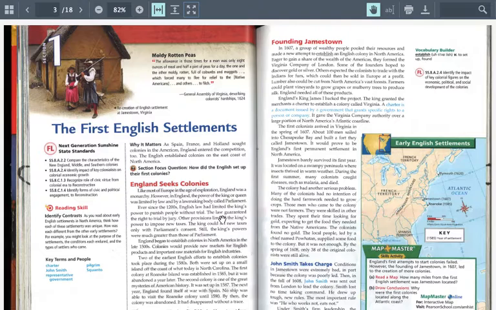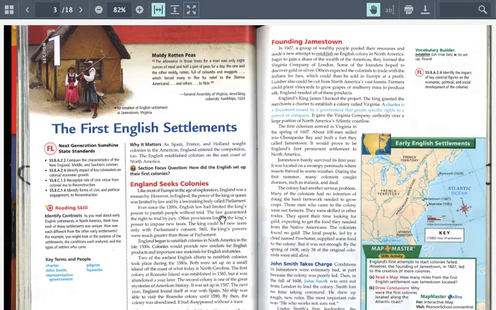They wanted to open up these new places that they could use for trading, and then, more importantly, I would say, looking for raw materials. They were looking for raw materials such as lumber and crops and fish and things like that they could send back to England.